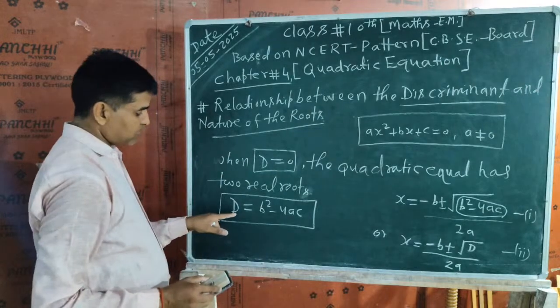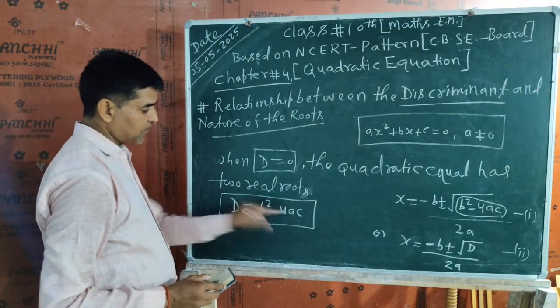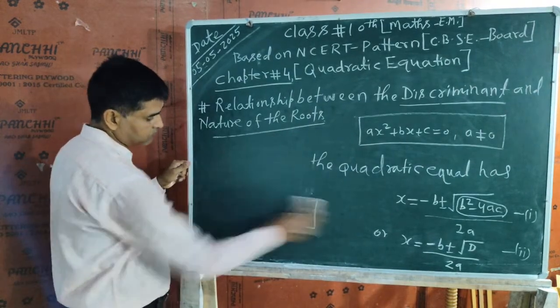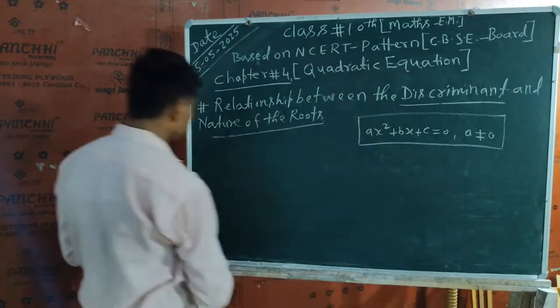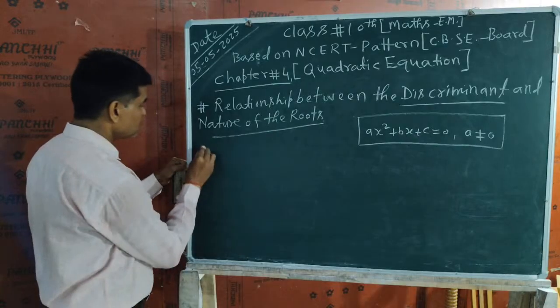You remember the value of D, which is equal to b square minus 4ac. Again, I am going to explain condition number 2.